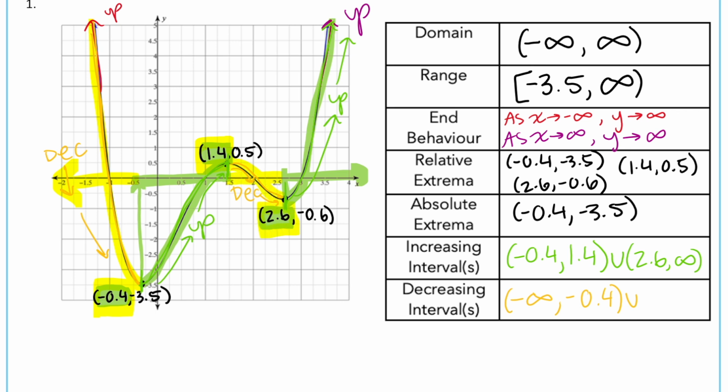It goes down again. So it also decreases from 1.4 to 2.6. I'm using parentheses on purpose for all of these, not brackets, because at the minimums and maximums, our graph, our function, is not increasing or decreasing.